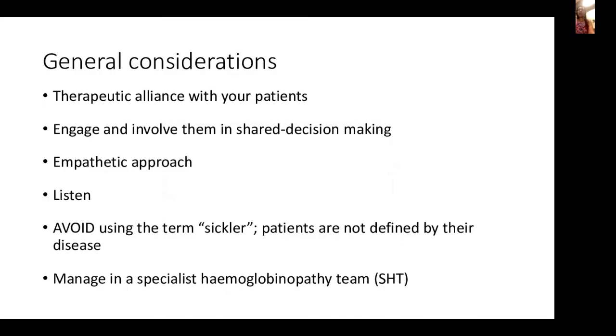It's really important to be empathetic, because some of our sickle cell patients have had terrible experiences. They've lost trust in healthcare systems, sometimes when they've been treated badly. And I think just listening and being empathetic and realizing that people are really suffering when they're in pain, or they've had a stroke, or they're having difficulties with employment.